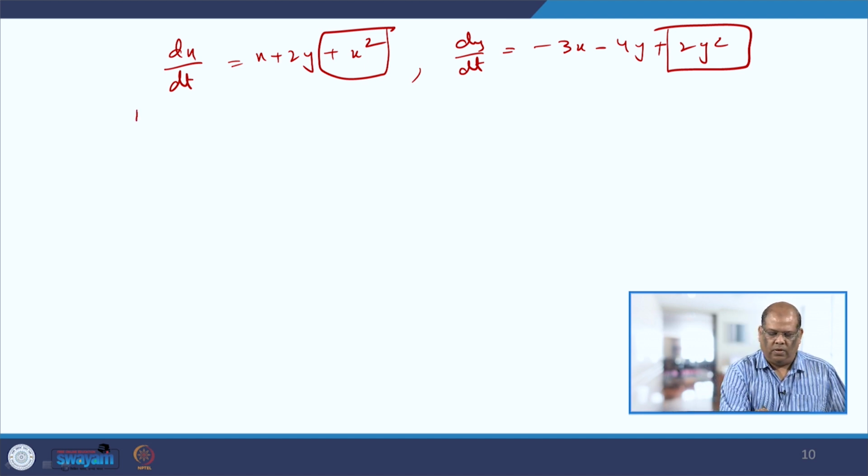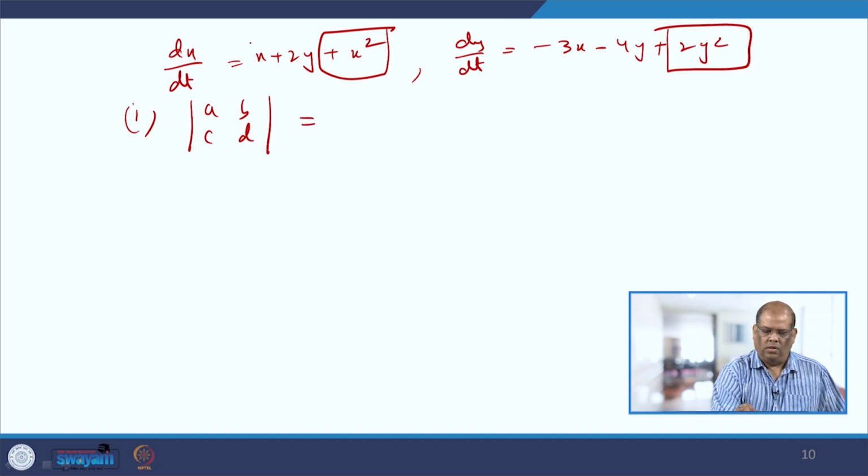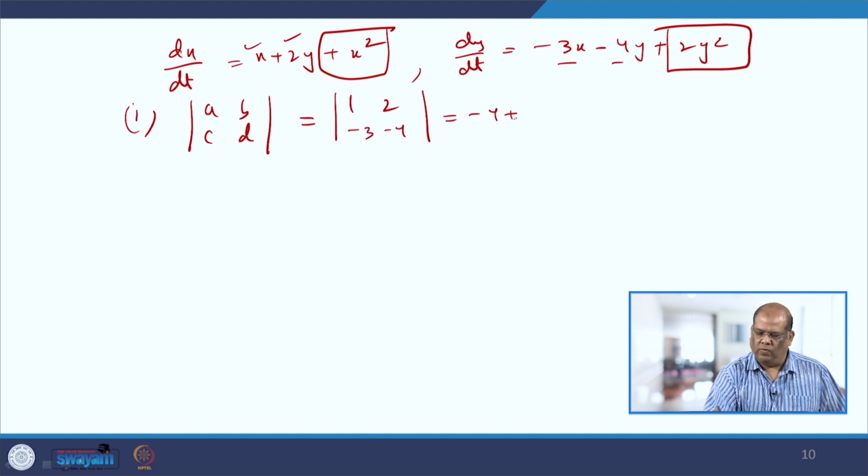So the first property is a, b, c, d: a, b which is 1, 2, c, d which is -3, -4, and this is -4 + 6, it is 2. So it is not equal to 0, and the first property is satisfied.